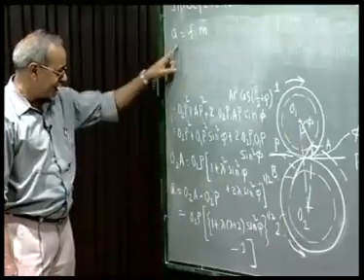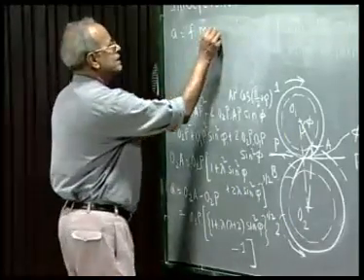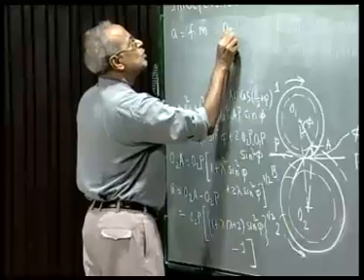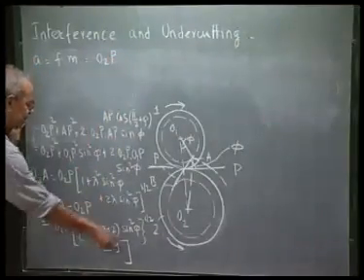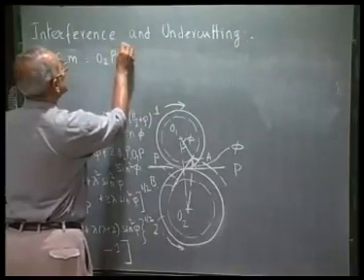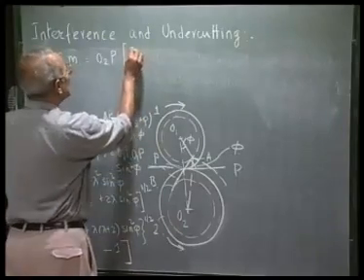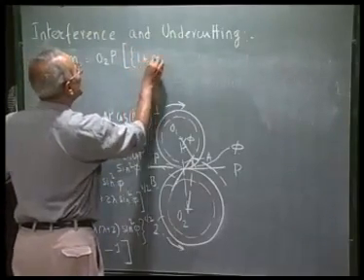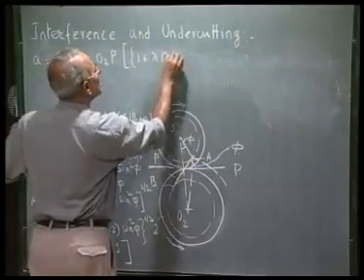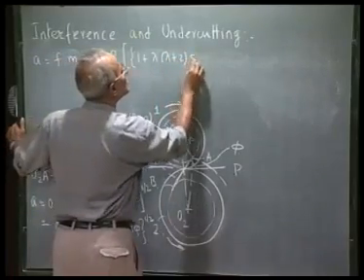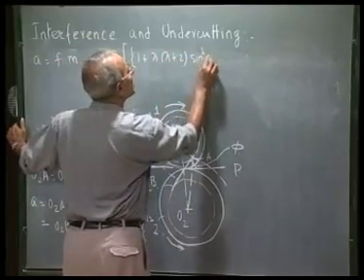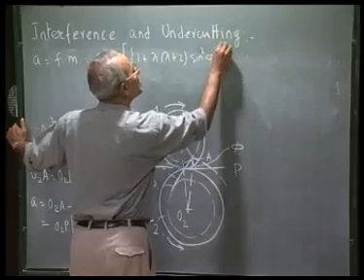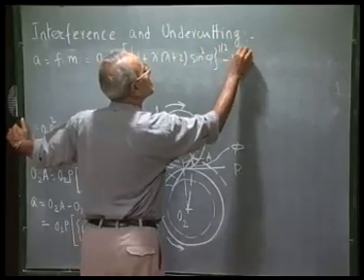So A, which is f into m, is O2P into this expression, which is 1 plus lambda into lambda plus 2 sin squared phi to the power half minus 1.